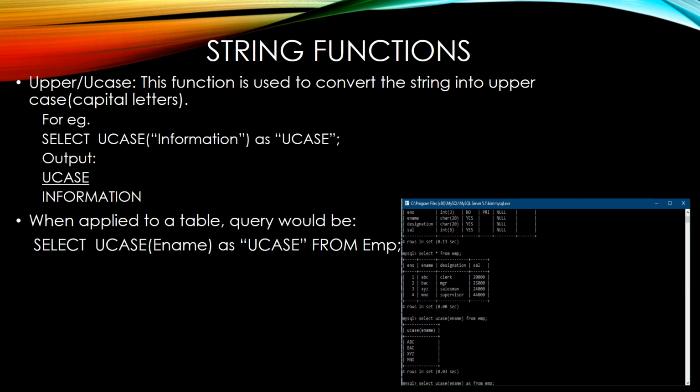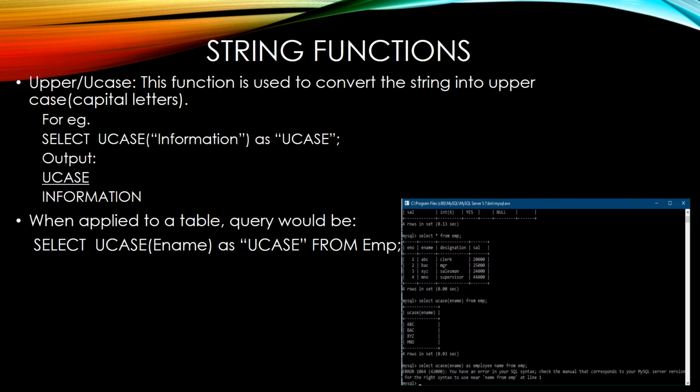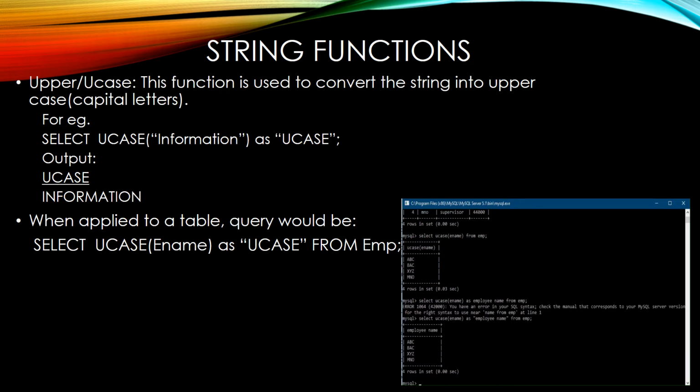I am giving the heading name as employee name. This employee name is to be enclosed in quotes. Now see, the heading is changed to employee name in place of ucase ename.